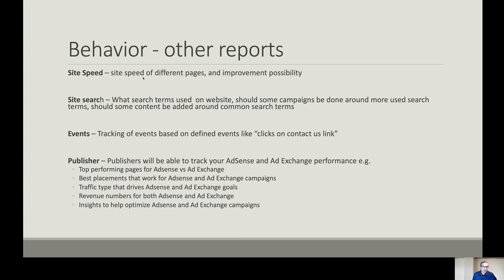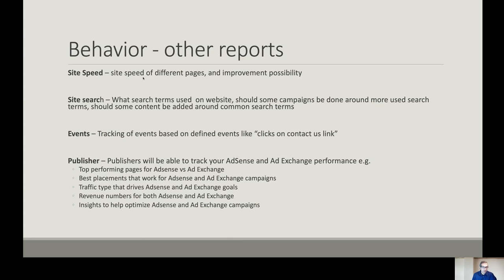When we think about the site search reports, the idea here is to understand what search terms visitors are using once they come onto the website. And once you get an idea about these search terms, then you can use that information maybe to design advertising campaigns. Since these are search terms that seem to be popular on your website, maybe you should be using those keywords in your campaign design, right?